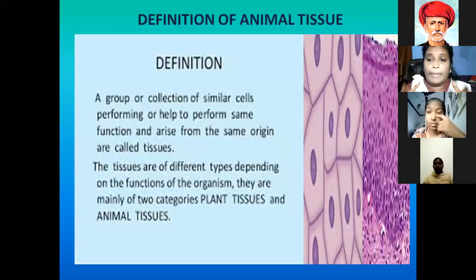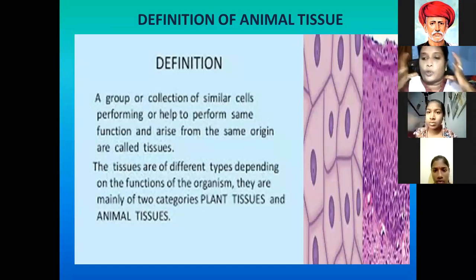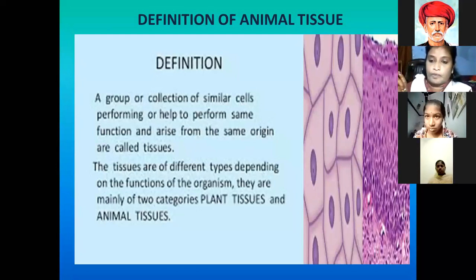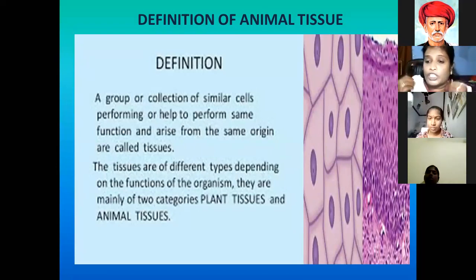What is the main definition of animal tissue? Animal tissue is a group or collection of similar cells. We know so many cells, a group of cells, make up tissue. The group or collection of similar cells performing the same function and arising from the same origin are called tissues.